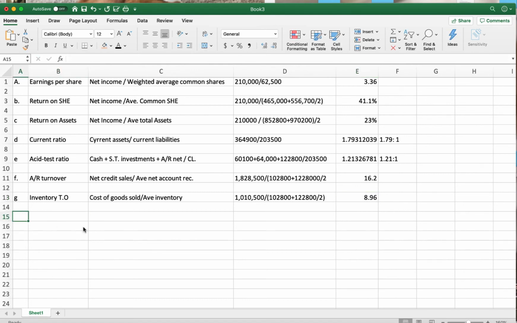H wants us to calculate times interest earned, okay?